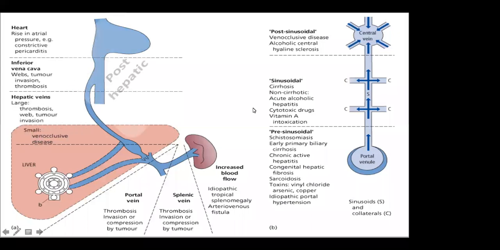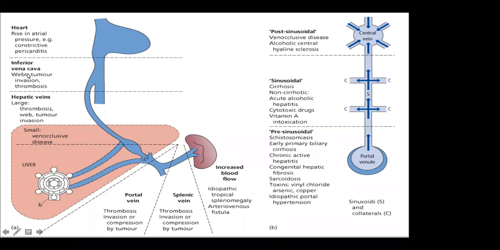If you move forward to the post-hepatic causes, it can range from the hepatic veins or inferior vena cava to the heart. If you're looking at the hepatic veins, either small or large, it could be veno-occlusive disease or thrombosis or web or tumor invasion or Budd-Chiari syndrome.